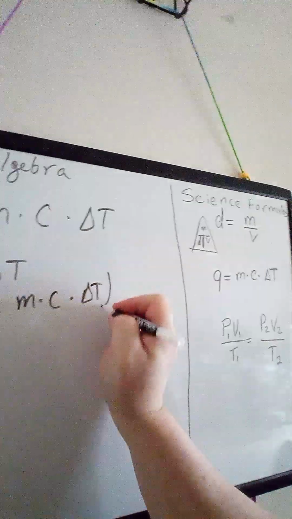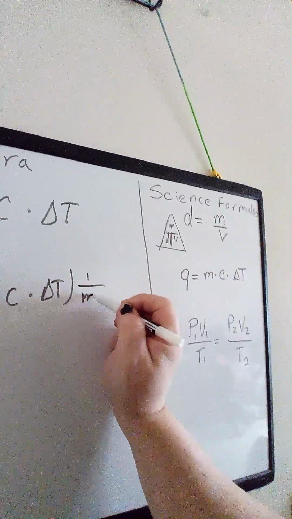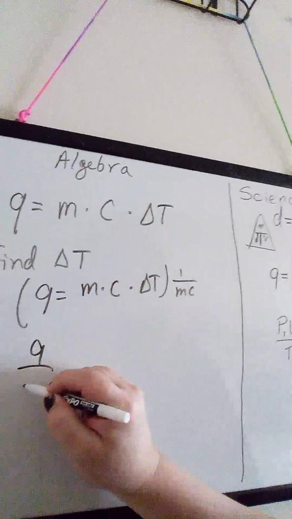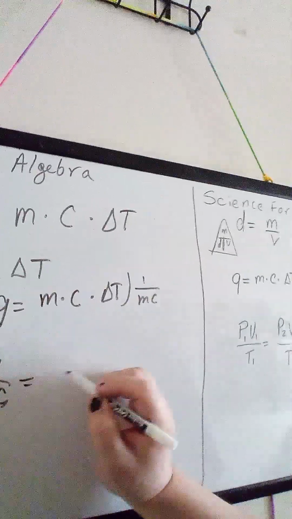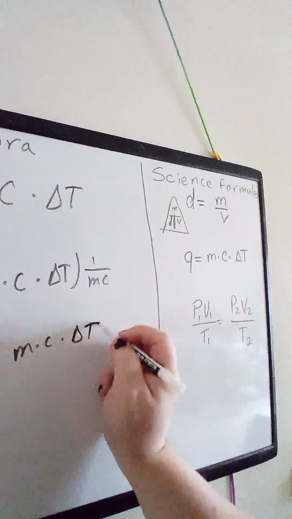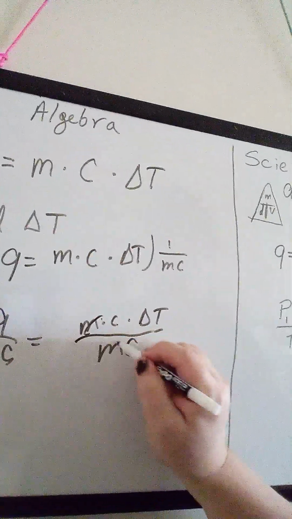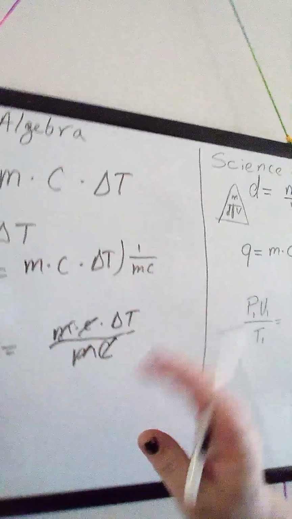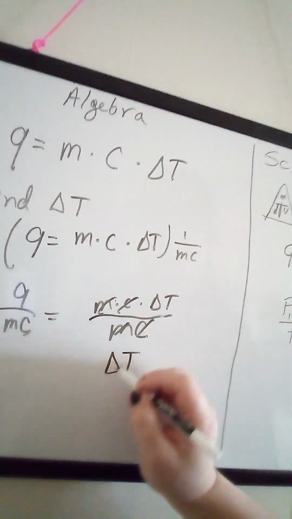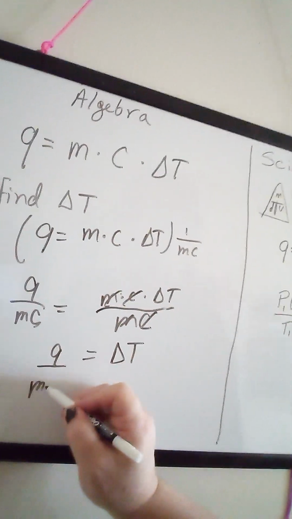I know that in this case I have to multiply both sides by 1 over mc. So if I do that, I get q divided by mc, which is equal to m times c times delta t divided by mc. Mass will cancel, c will cancel because these are the same, and I'm left with delta t is equal to q divided by m times c.